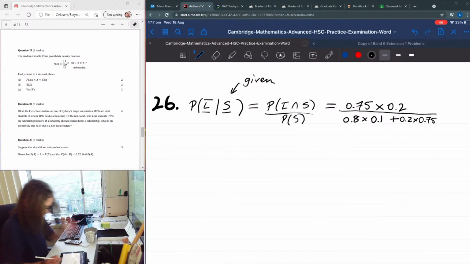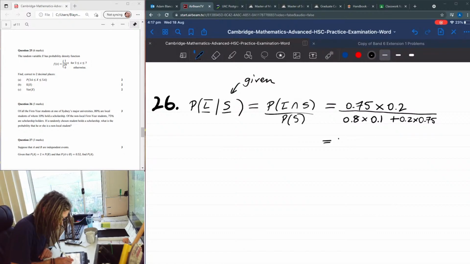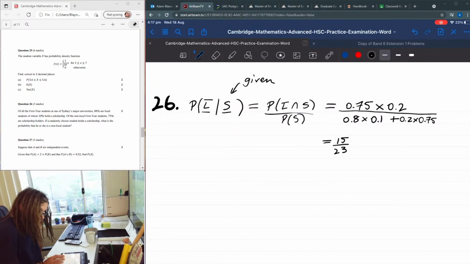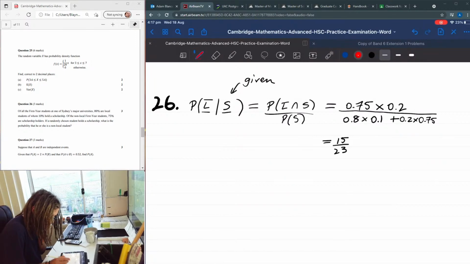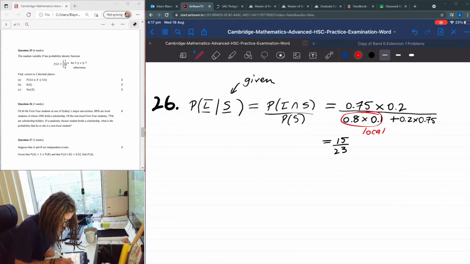Yeah, this is a hard question. I'd say you can surely get a mark for each of these, I reckon. I type all that into the calculator and I get 15 on 23. Okay, so maybe I should label some. This was local. That's non-local.